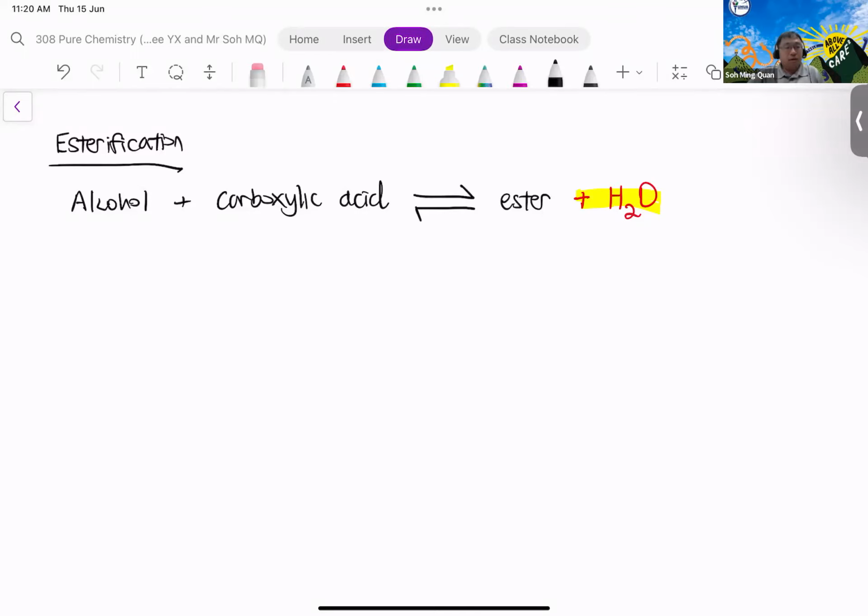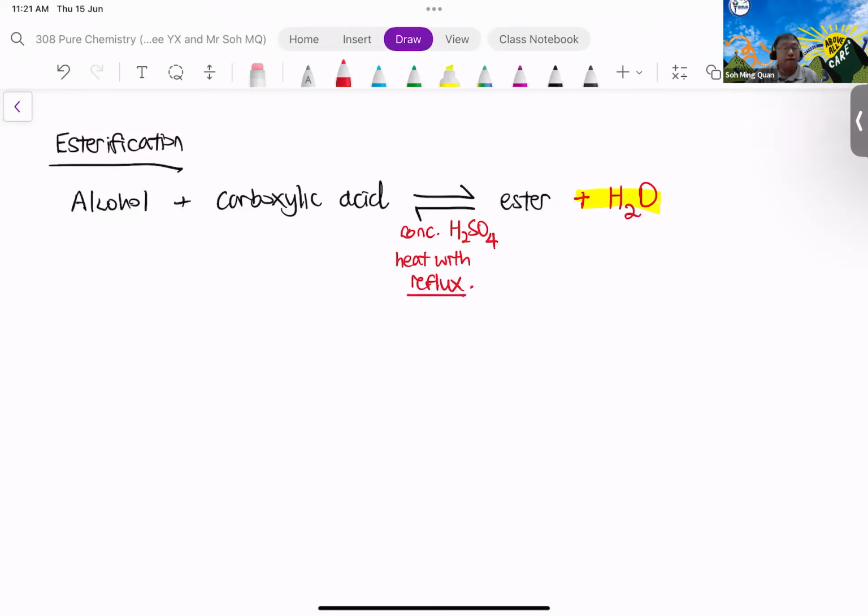Now, the catalyst for this is concentrated sulfuric acid. You must use concentrated sulfuric acid. Dilute sulfuric acid wouldn't work. And it needs to be heated with reflux.